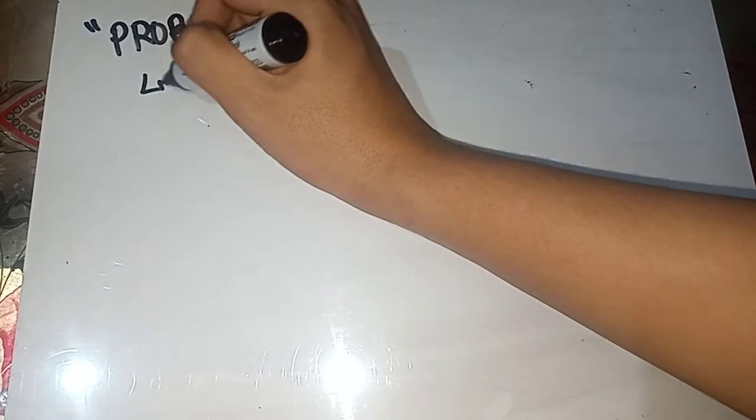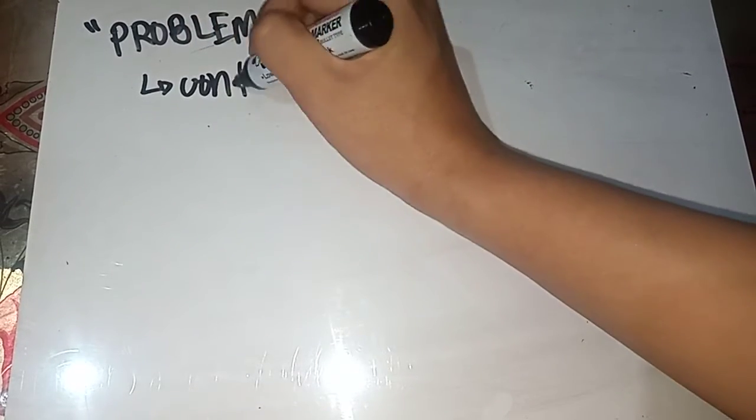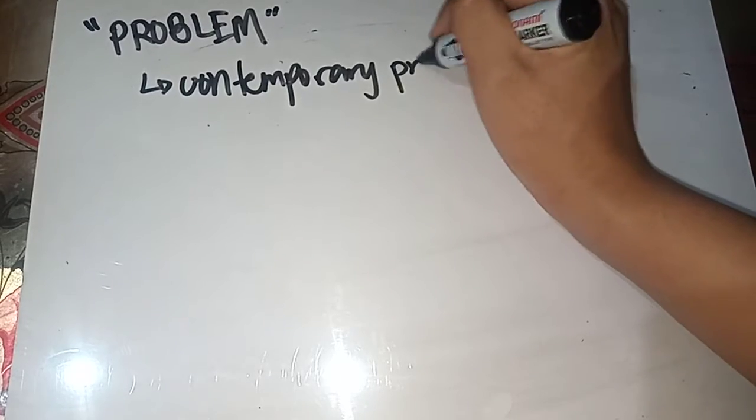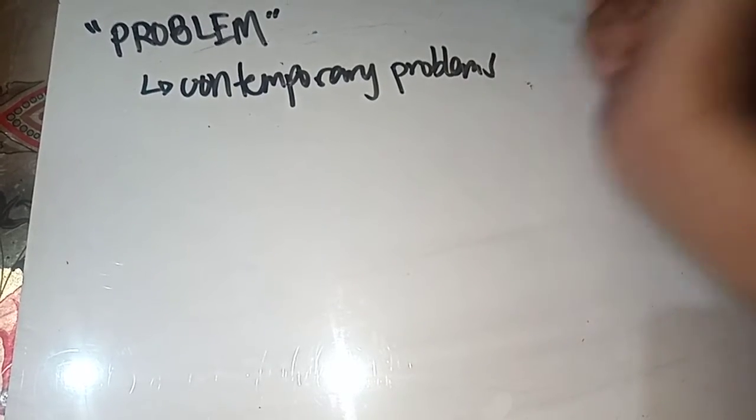Okay, so in continuing our lesson for today, we will discuss where the problem came from. Now, the research problem greatly depends on the contemporary problems we have during our modern times.